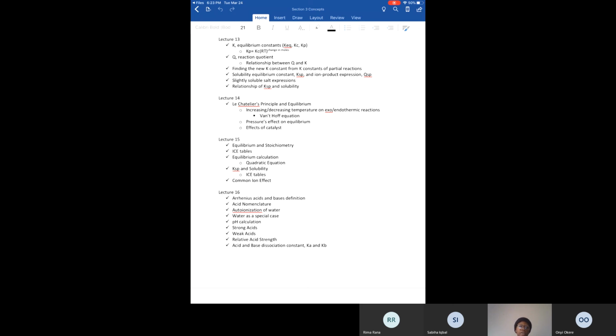Like the concentric circles she had, a circle inside of a circle, Arrhenius is the smallest in the middle. Arrhenius acids are Bronsted, so they get included, and Bronsted expanded the definition, and then the Lewis definition further expanded it to include even more things.